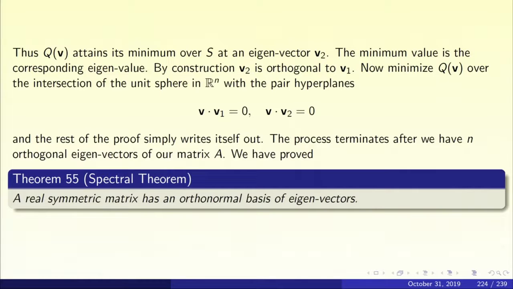We have seen that if Q(V) is an absolute minimum, then the corresponding vector is going to be an eigenvector. If Q(V) is an absolute maximum, then it's going to be attained at a corresponding eigenvector. Can it happen that for a certain vector V, Q(V) is an eigenvalue, but V is not the corresponding eigenvector?